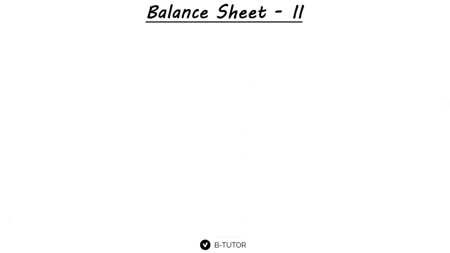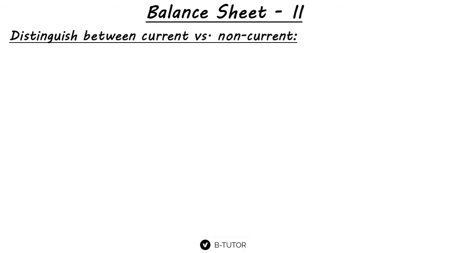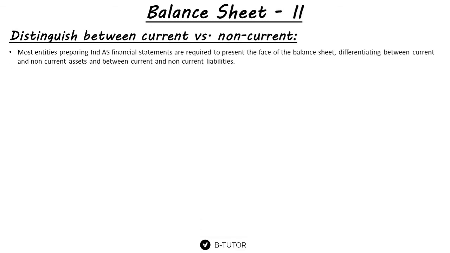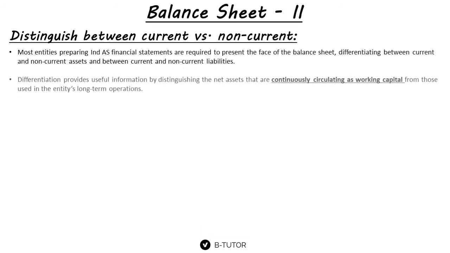So all the line items presented in balance sheet must be differentiated between current versus non-current. Let's see that. Most entities preparing Ind AS financial statements are required to present the face of balance sheet, differentiating between current and non-current assets and between current and non-current liabilities.